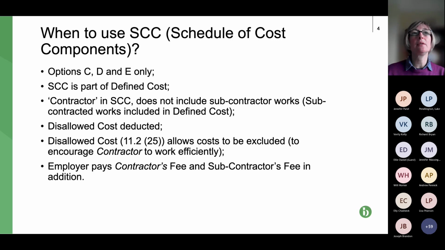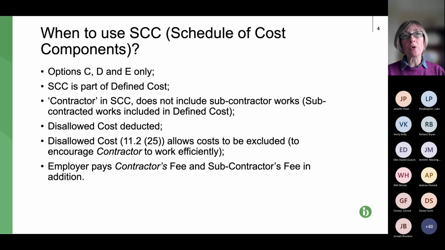How does it fit in? Well, the schedule of cost components is part of the defined cost. Now, defined cost, capital D and C, because it's a defined term in the contract. Effectively, defined cost includes items in the schedule of cost components and subcontractor costs. So under NEC 3, subcontractor is dealt with within defined cost.